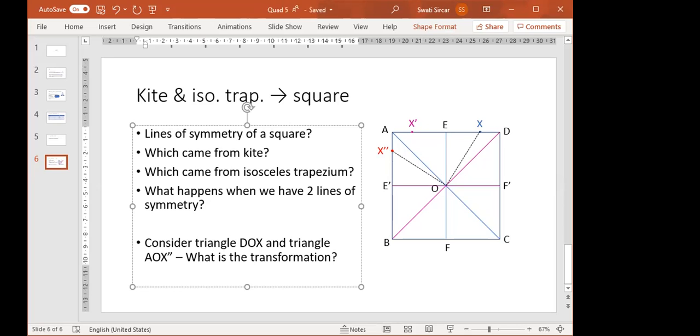Exactly. Now, the interesting thing is, again, if I annotate, you will see something quite interesting.